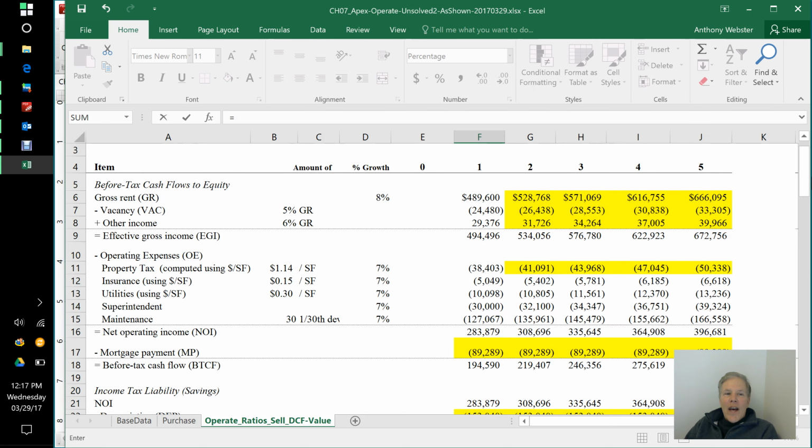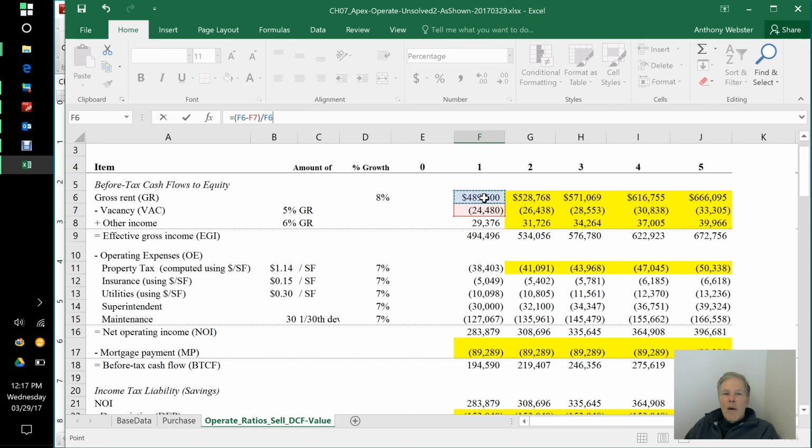The rent that we receive is equal to, and I'm going to use a parentheses here because I know I'm going to need it, the rent received is, of course, the gross rent minus the vacancy rate. That's my rent received.